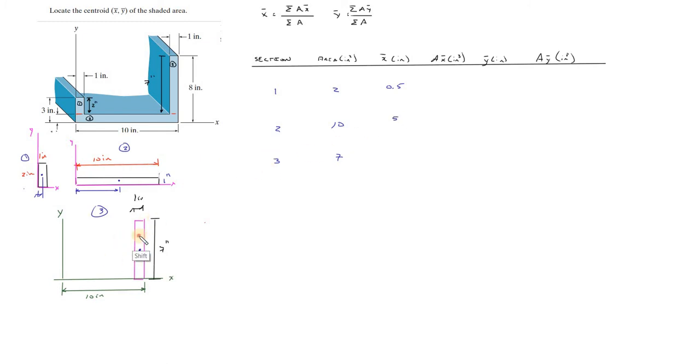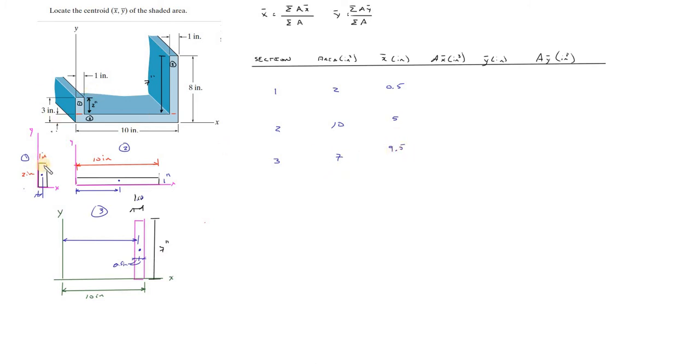And then this distance here would be 10 minus 0.5, because we know that this is going to be broken in half. So each one of these sections is half an inch. So 10 minus 1, or we could go 9, because we're subtracting 1. So we're going to end up with 9.5.